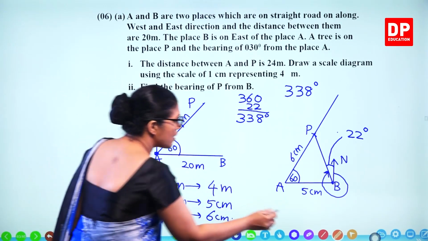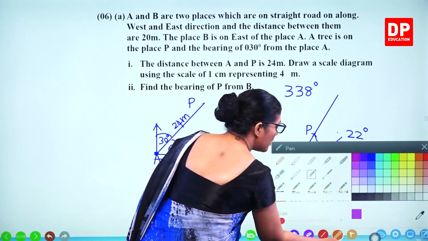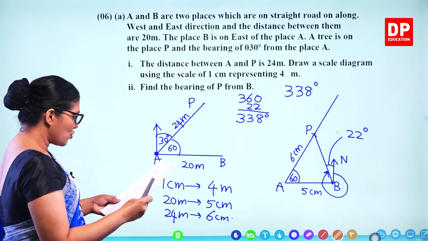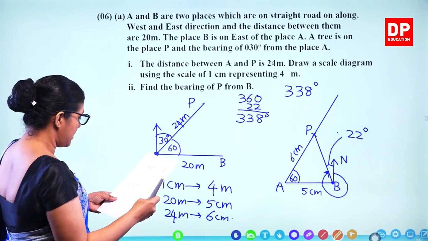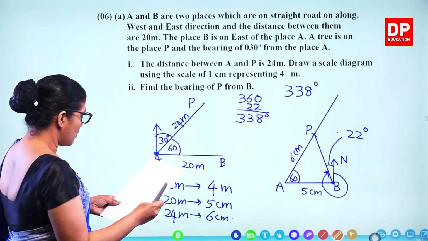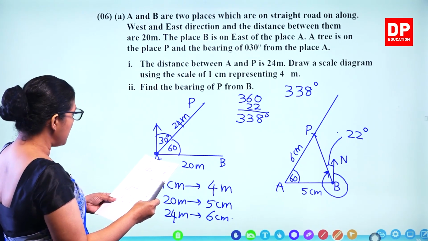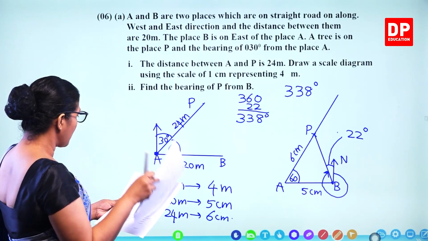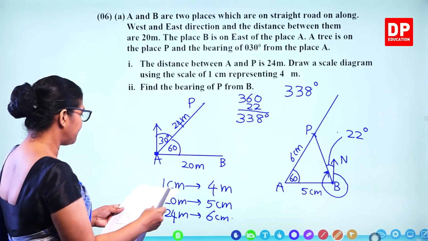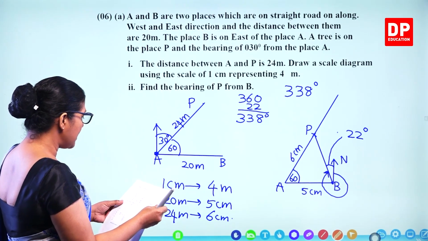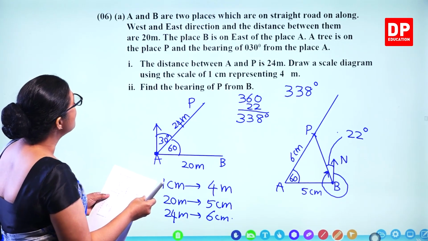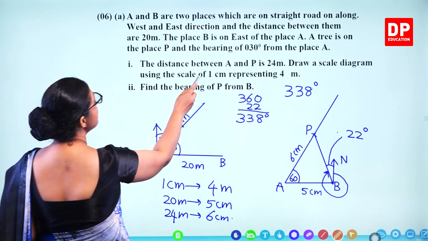So how many marks for this question? So we'll see how many marks for the last one. So you get 30 degrees here. So the sketch is correct, 20 meters and 24. And last part, we get 3 marks for drawing according to the scale.